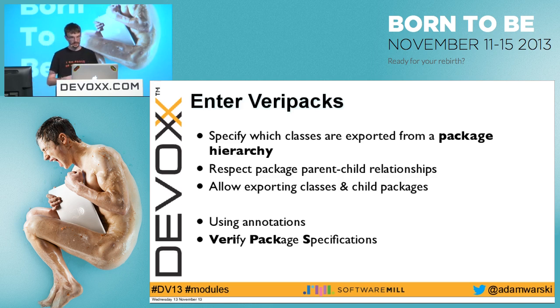So that means that if you export a class, it will be the only visible class from the whole tree of that package down. So you can export both classes and child packages. If you export a child package, you only export what's in the child package. And all the parent-child relationships that we intuitively have when we look at packages are respected here.